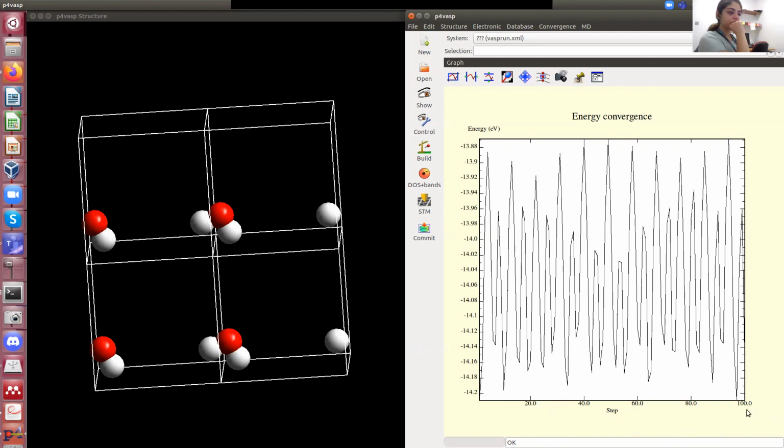We applied 100 steps, and each step was 1 femtosecond, so these are 100 femtoseconds. And here you see the evolution of the energy by time, and there is this kind of oscillation. It's going up and down, up and down, up and down, but the average is more or less constant.